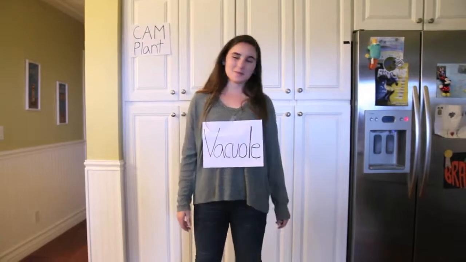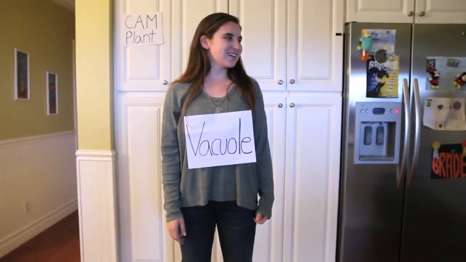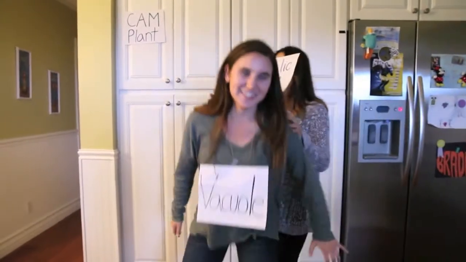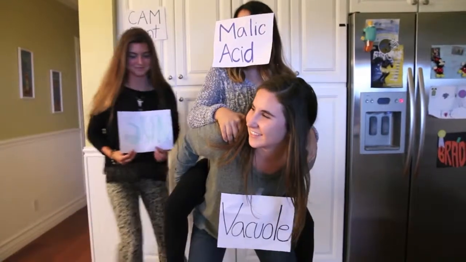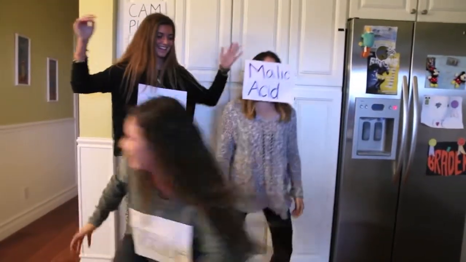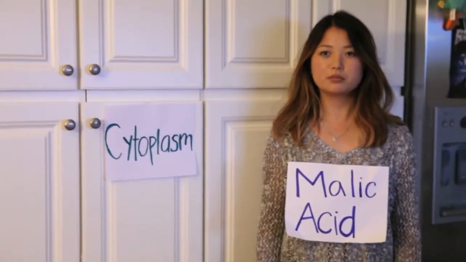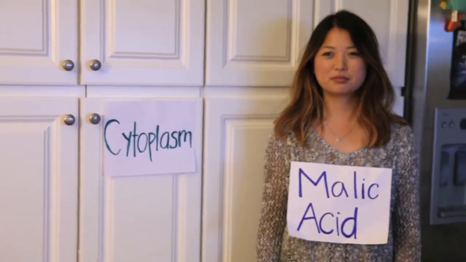When the sun comes up, the stomata close and the vacuoles release the malic acid. Once malic acid comes out of the vacuole, it will go into the cytoplasm of the cell.